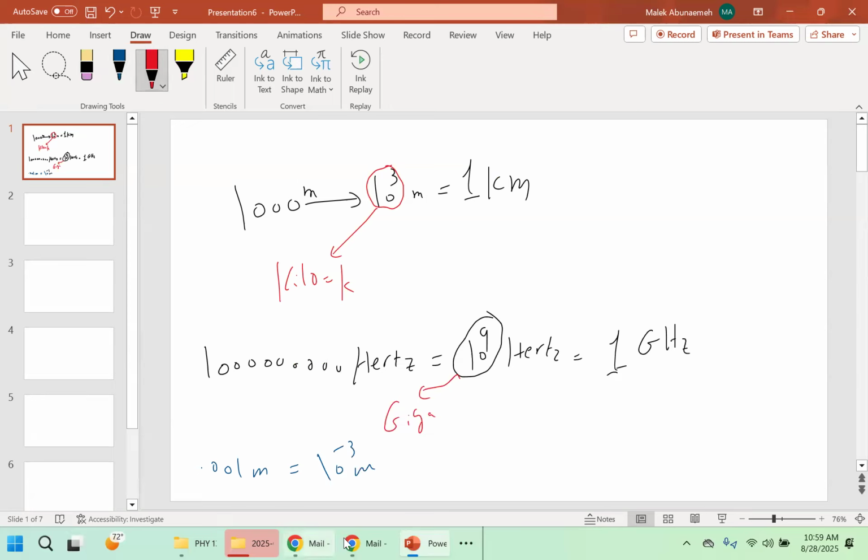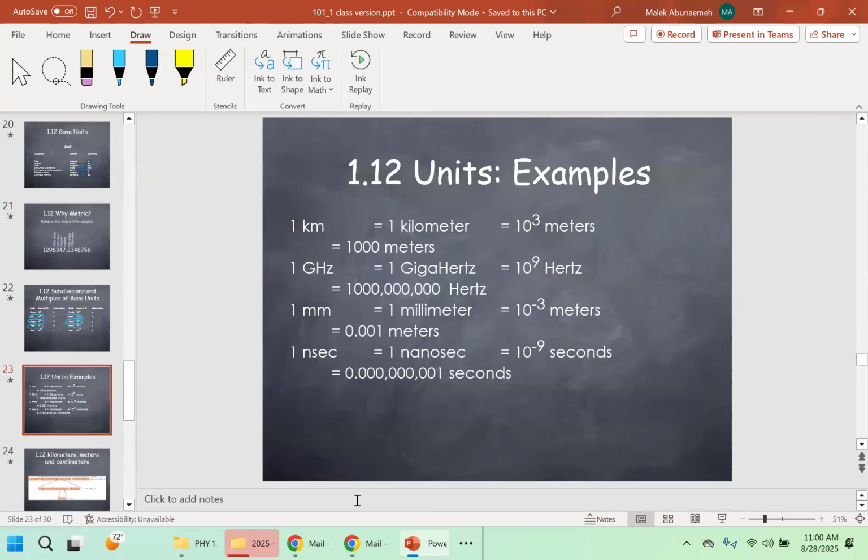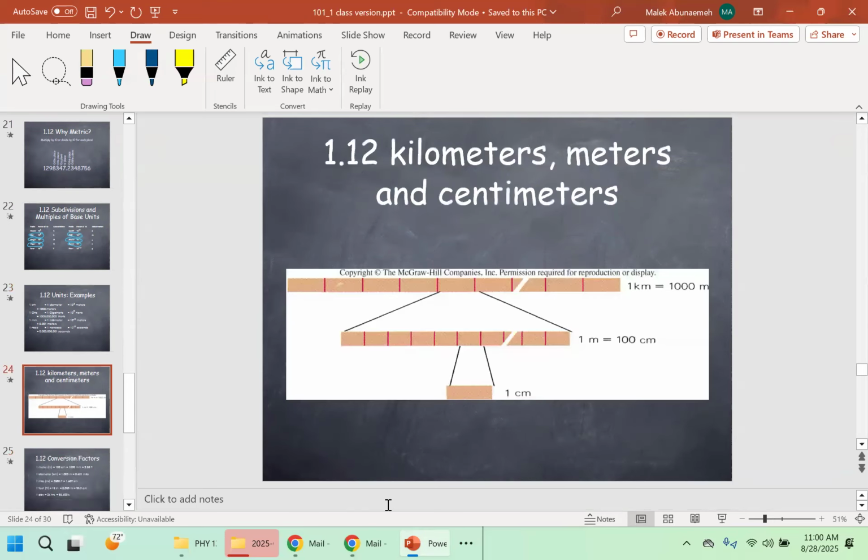And this 10 to the negative 3 is called your milli, so you can say this is going to be 1 millimeter. And these are examples of units. We're going to be seeing more of those as we progress through the chapter.